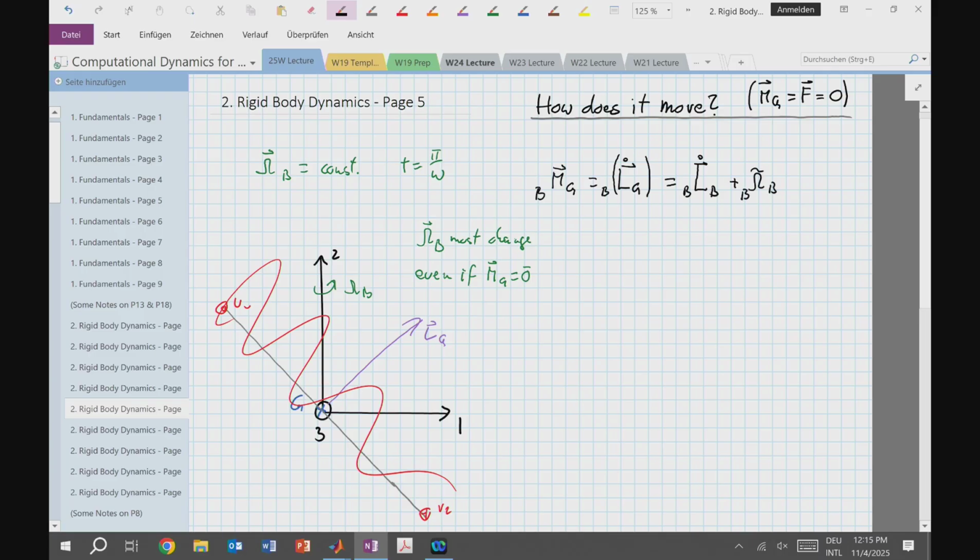And since omega IB in this case is simply the omega B, the rotation of my body-fixed coordinate system, I write it this way. And I get here omega b tilde times LG. So this is the transport theorem.